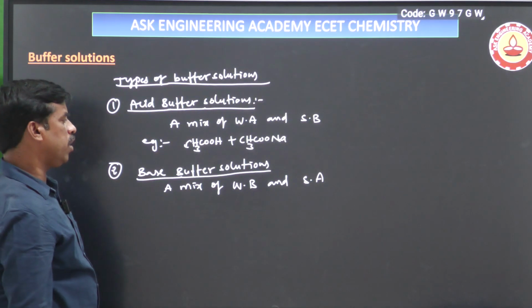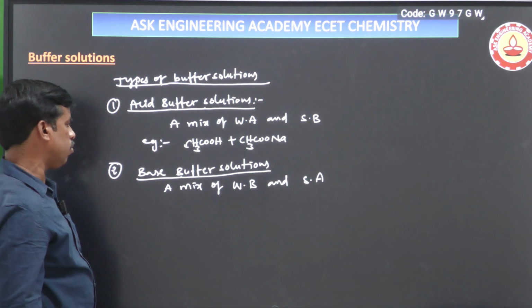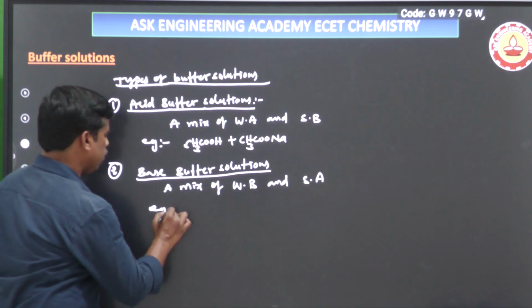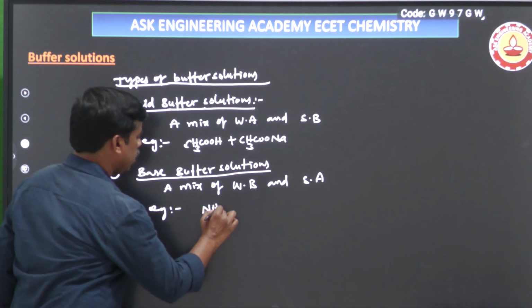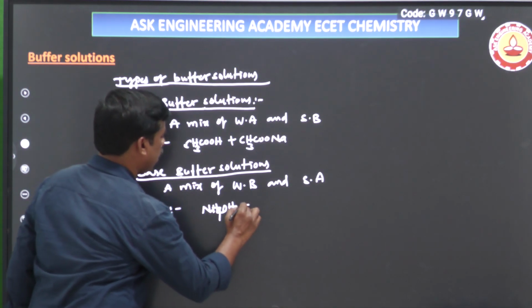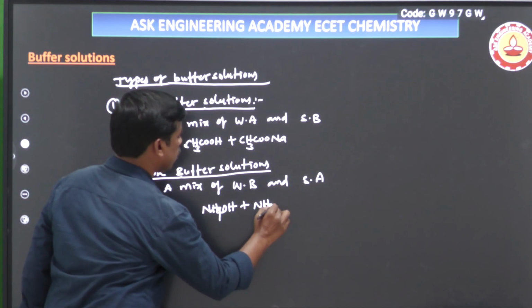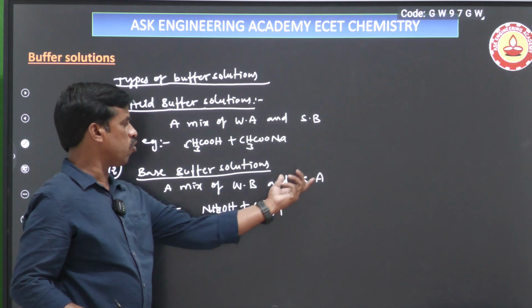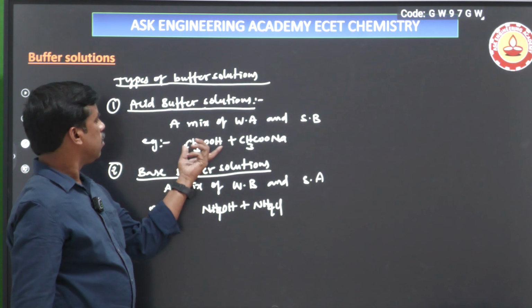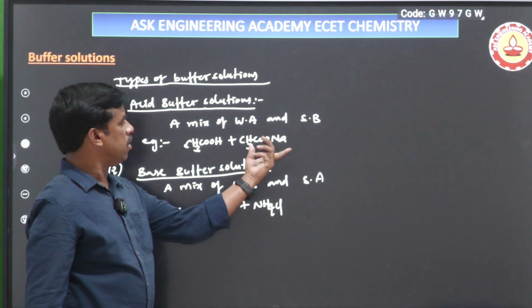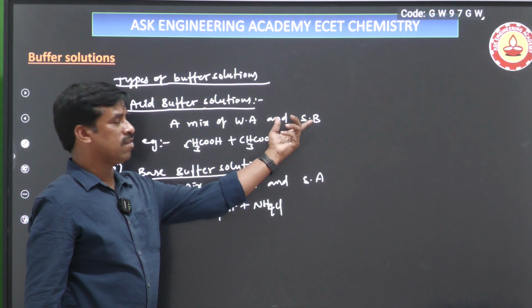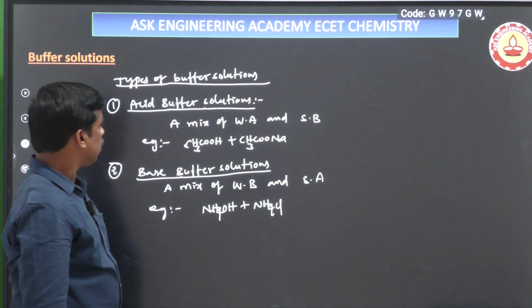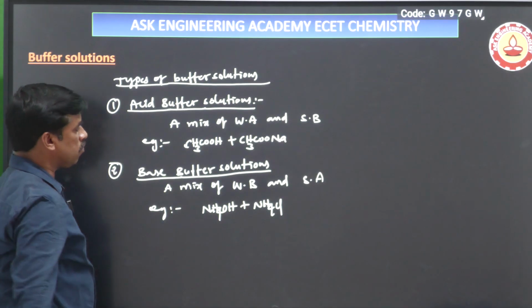A mixture of weak base and strong acid is said to be a base buffer solution. Here example, ammonium hydroxide plus ammonium chloride. In this, ammonium hydroxide is the weak base, ammonium chloride is the strong acid. Here acetic acid is the weak acid and sodium acetate acts as the strong base. This is about the types of buffer solutions.